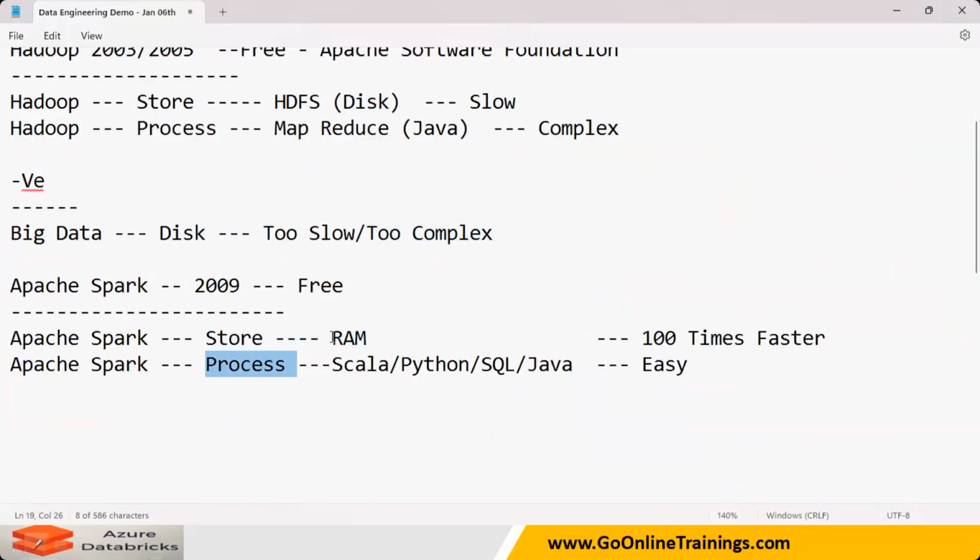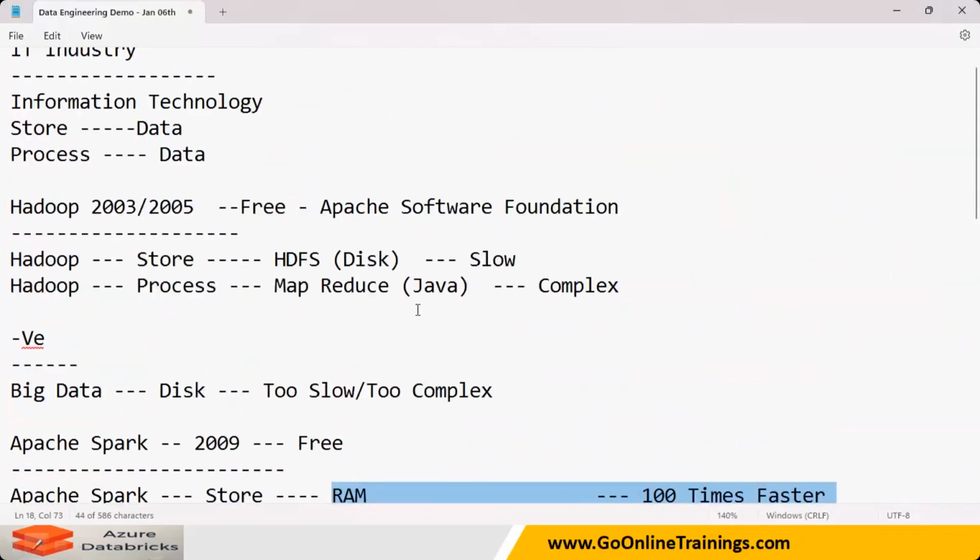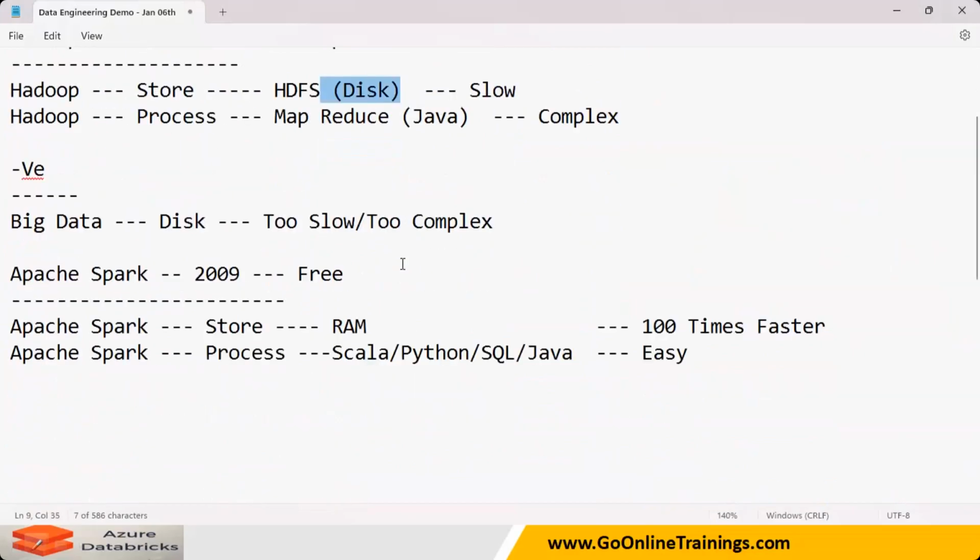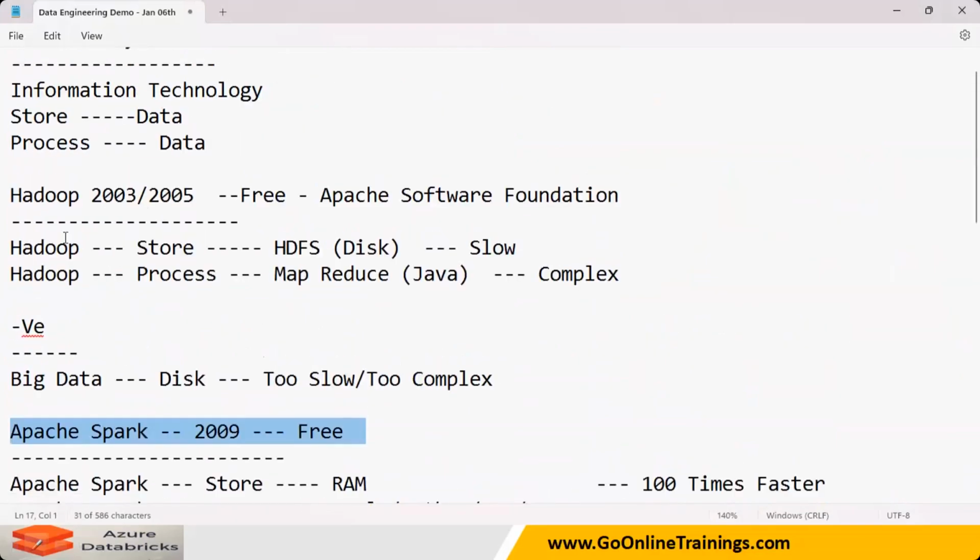Anything you store on the hard disk will be slow, but Spark stores everything in RAM. Because of that, many people say Spark is 30 to 100 times faster, and Apache Spark is completely free software. Apache Hadoop is also free software.